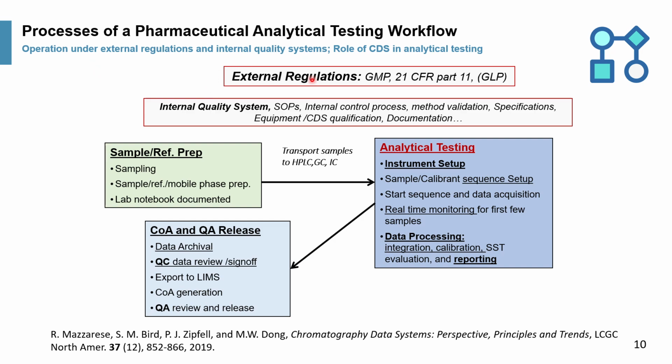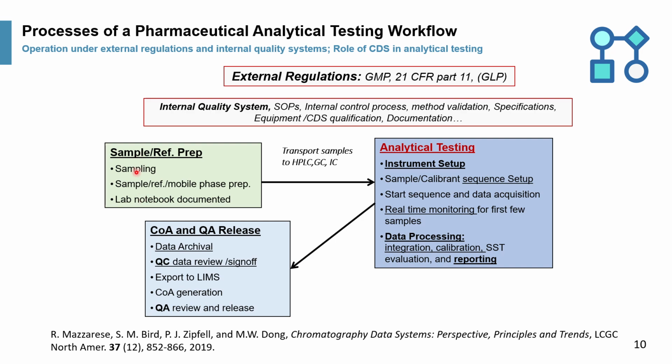So external regulations, some of these shown here: GMP, GLP, and regulations for electronic data and electronic signatures, and also the internal quality system: SOPs, the need for specifications, method validation, things like these, and on top of these, the analytical workflow.